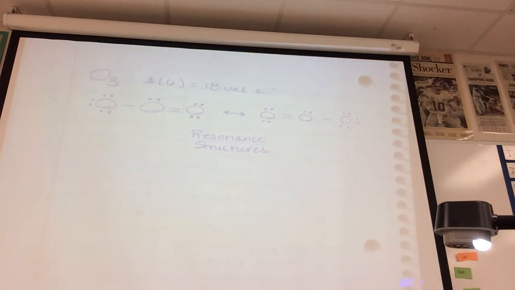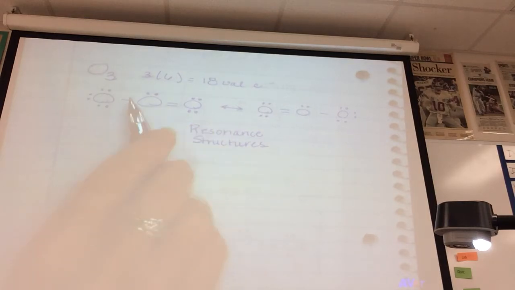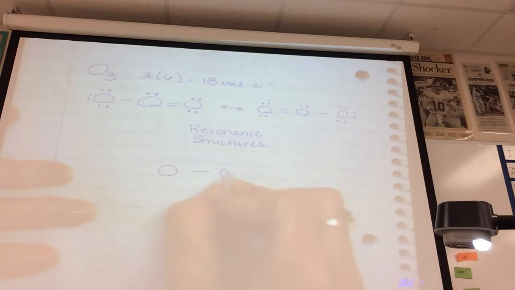If you measure the length of the O to O bond, you don't actually find that one's a single and one's a double. Instead, you find that the bond length between the O's is the same, and its length is going to be equivalent to 1.5 bonds. And so what you have is really a blending of the two structures.